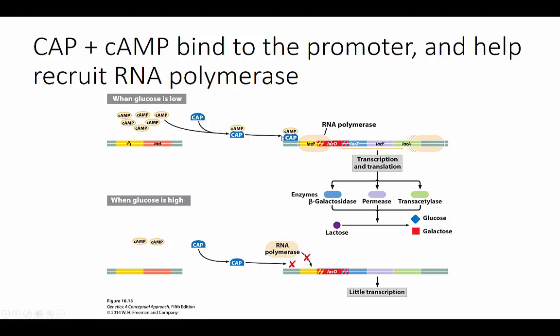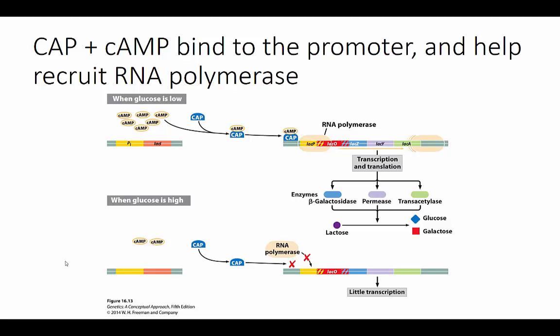When CAP binds to cAMP, it actually changes the conformation of that CAP protein, and the affinity of CAP for the DNA is greatly increased at that point. So it only binds to the DNA together with this cofactor, and then the function of that CAP-cAMP complex is actually to help RNA polymerase bind to the promoter.